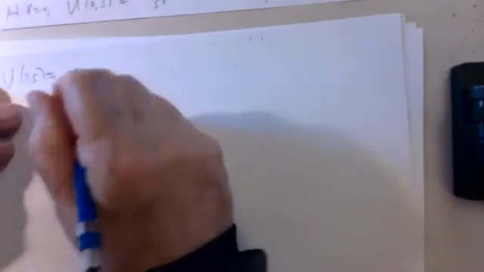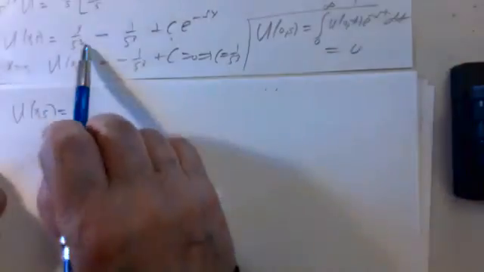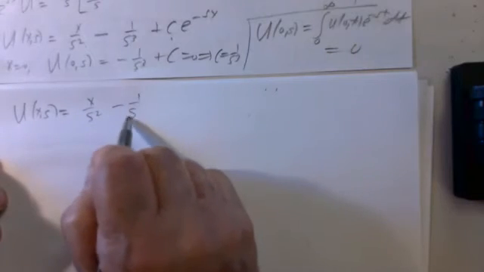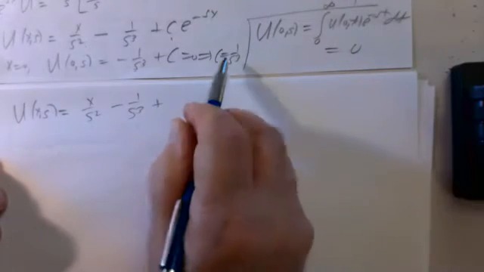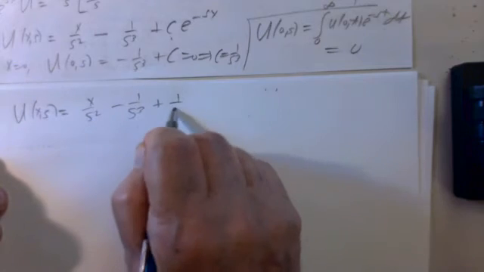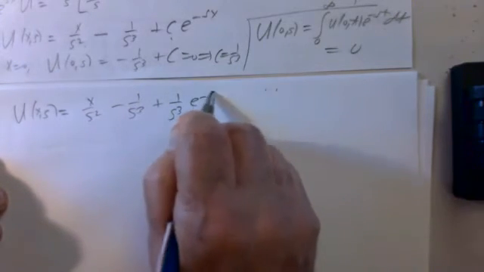So for this differential equation, the Laplace transform of the solution, u of x comma s, is x over s squared minus 1 over s cubed plus c. The c I just found is 1 over s cubed, so 1 over s cubed e to the minus sx.